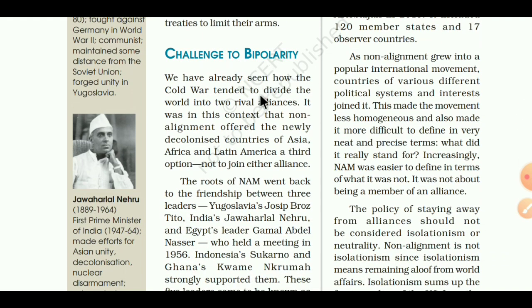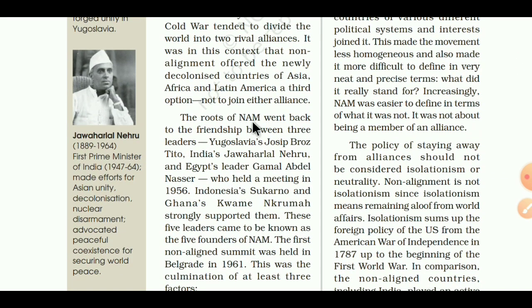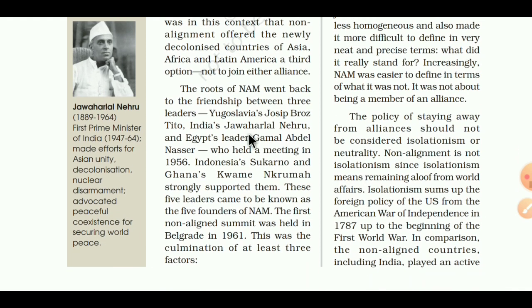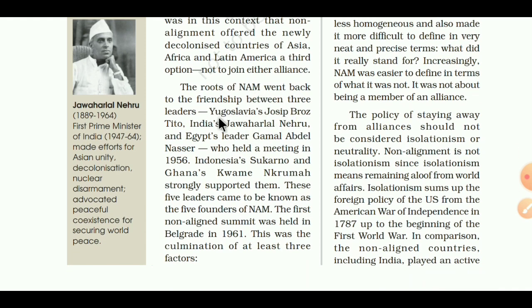After that came the challenging of bipolarity, and at this time the non-alignment movement was formed. There were almost three countries at first: Yugoslavia, India, and Egypt. The leader of Yugoslavia was Josip Broz Tito, India's leader was Jawaharlal Nehru, and Egypt's leader was Gamal Abdel Nasser.